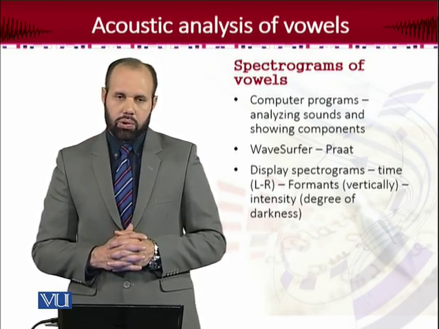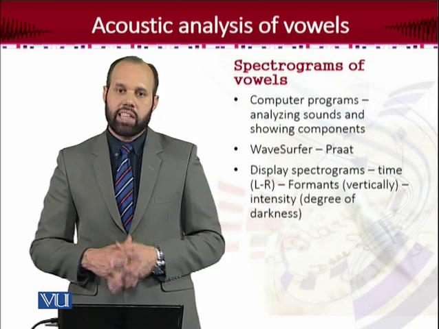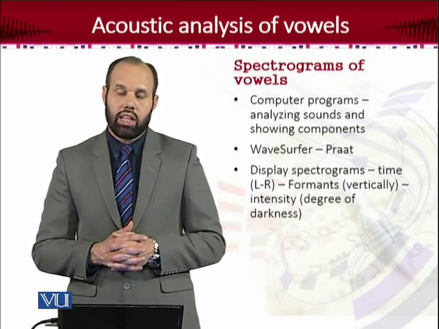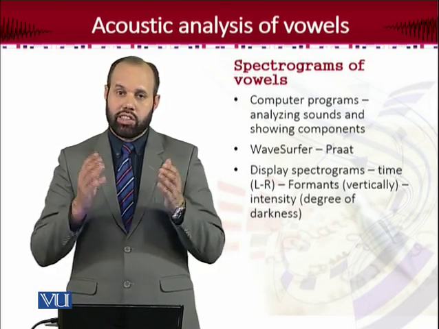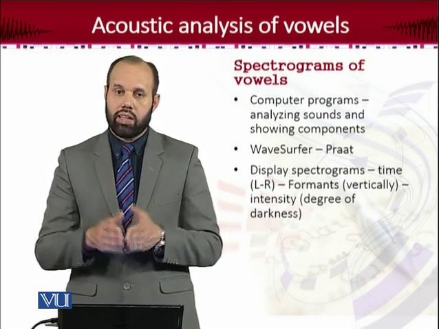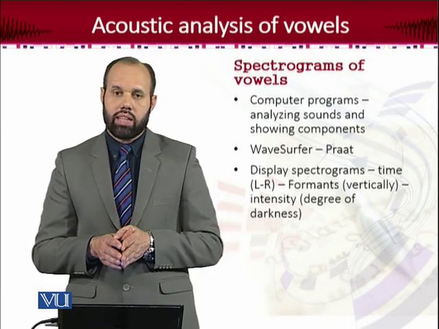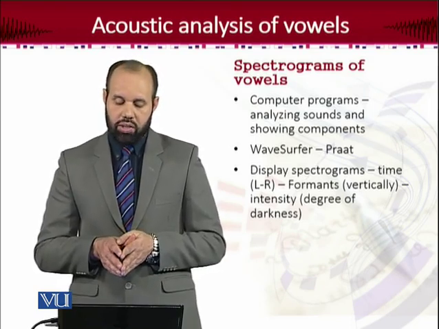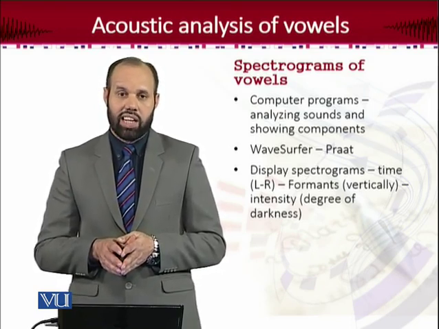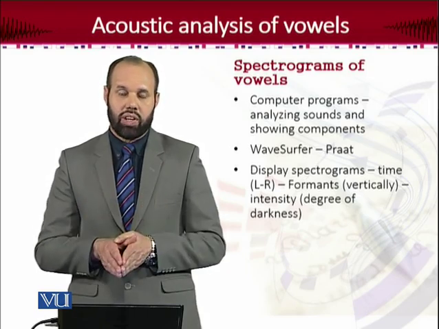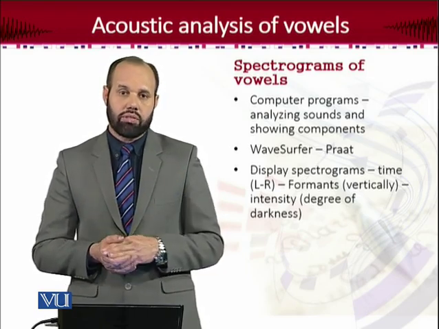And then we would also like to let you know what the intensity is, and how that intensity can be interpreted and analyzed in a spectrogram. That's the degree of darkness, the darker bands in the spectrograms. So these 3 things are really important for you.